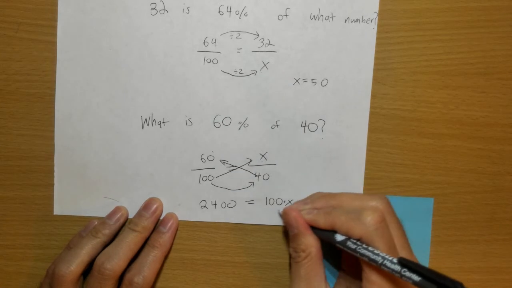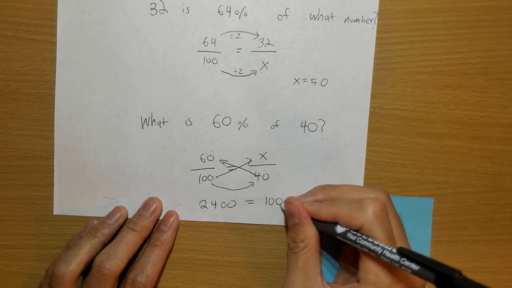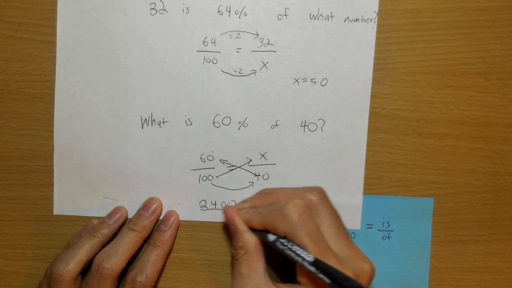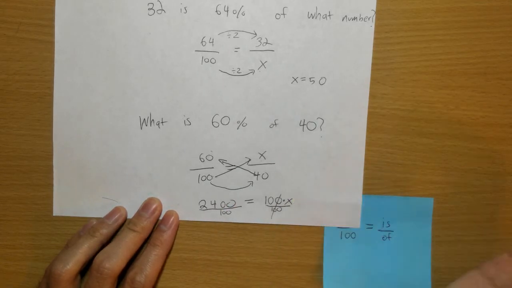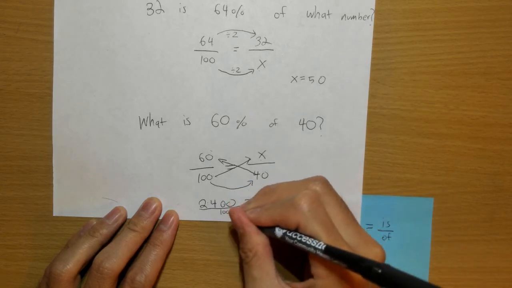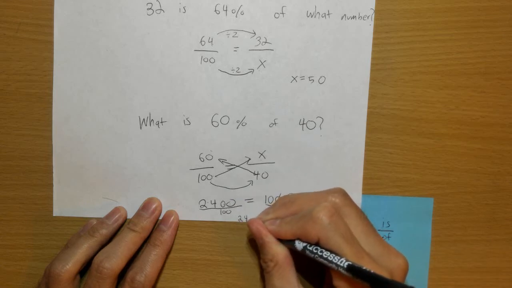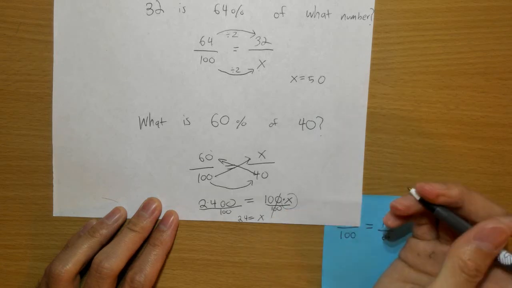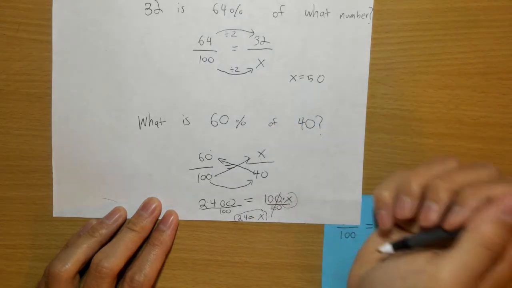And then what I do is I divide both sides by whatever is attached to that x, because by doing that, these cancel out, leaving that x by itself. 2400 divided by 100 is 24. So 24 equals x. I found my x using this cross multiplication.